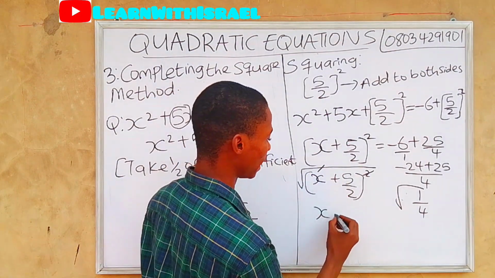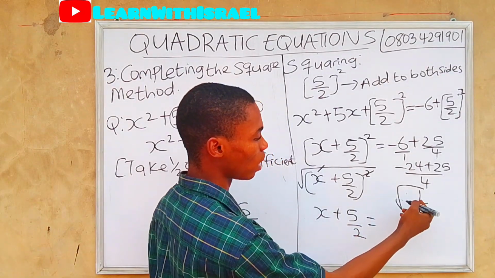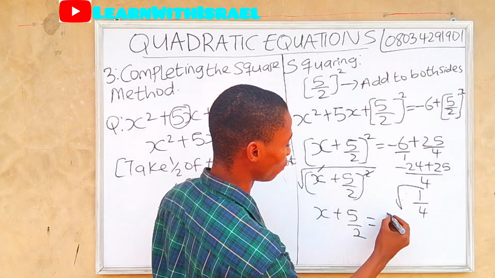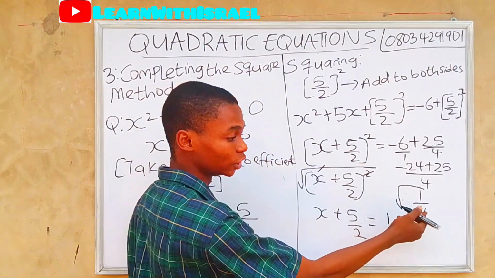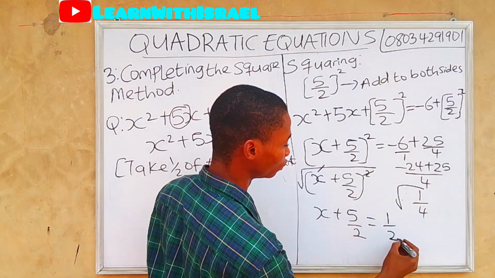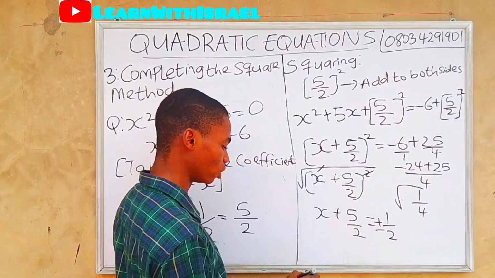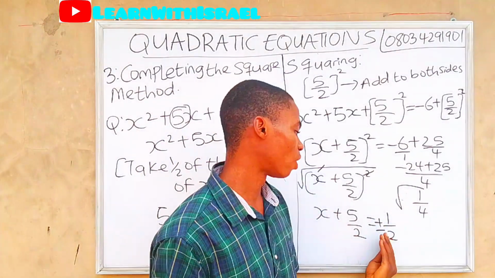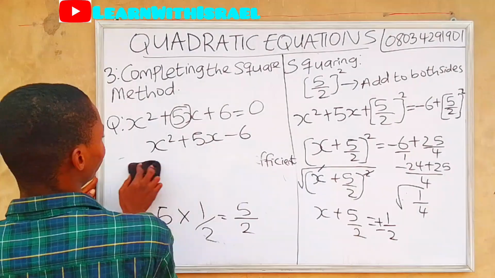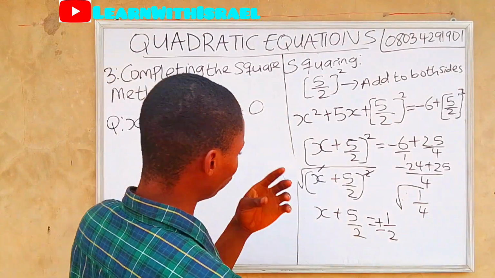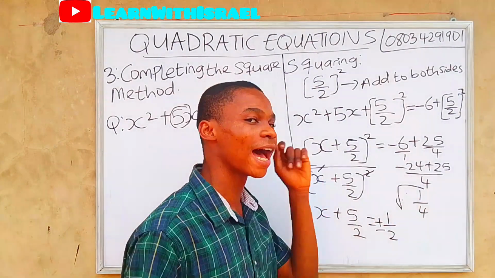We are now left with x plus 5 all over 2 equals the square root of 1, which is 1, and the square root of 4, which is 2, plus or minus. We are going to add plus or minus in front of it once you square root it. Let's clean here so we can continue. Make sure you always add plus or minus once you square root the right hand side.